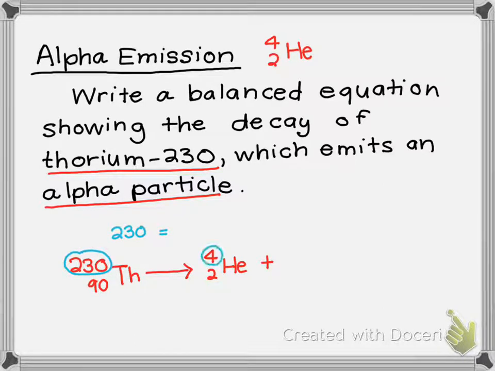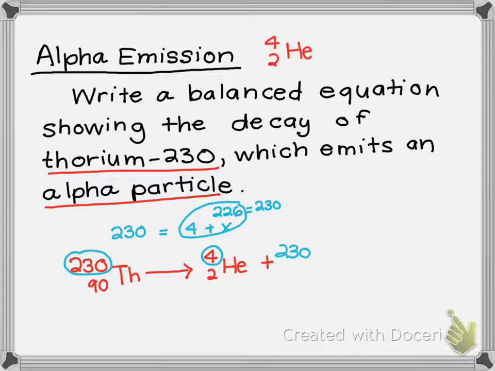This has 4 plus some number that we would need to put right here. So 4 plus 226 would equal 230, these numbers together. So I know the missing mass number must be 226.